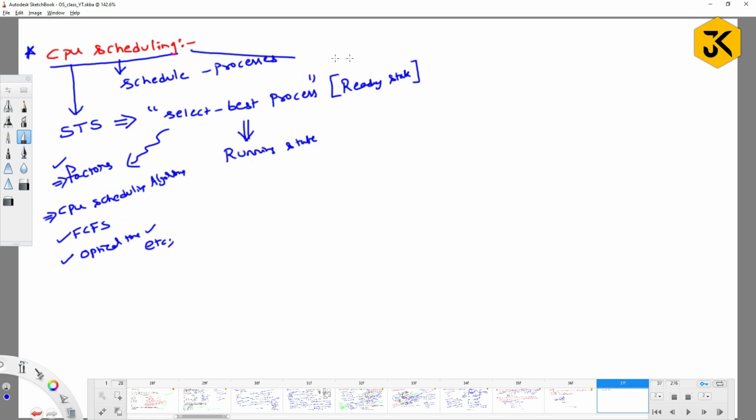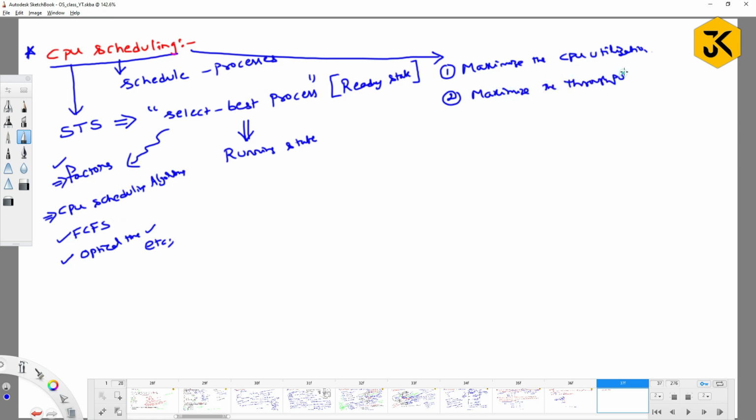The major goal of CPU scheduling is to maximize the CPU utilization, right? We have to make the CPU as busy as possible. Based on that, we follow certain algorithms, and we have to maximize the throughput of the CPU.